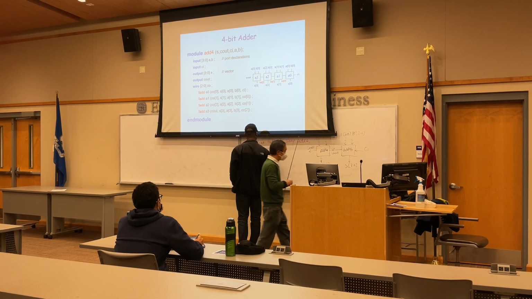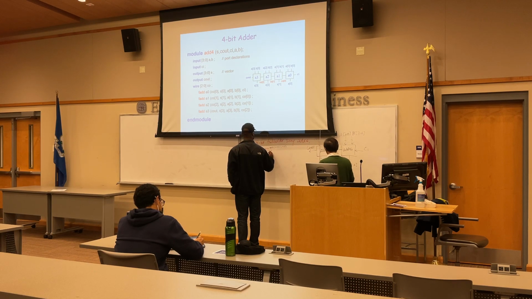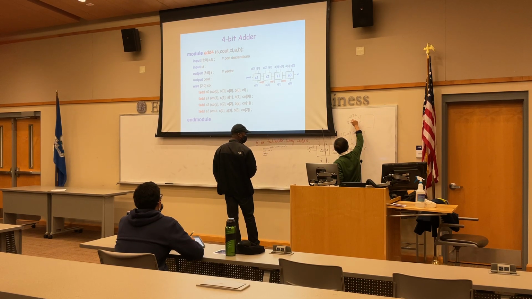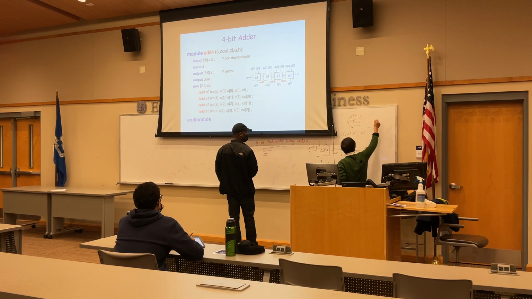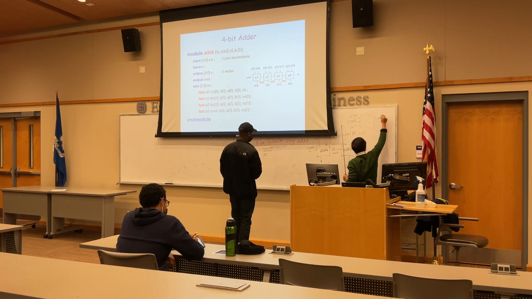So your bigger block may be like this way. The bigger block, you are taking the A 7 down to 0, B 7 down to 0, and then you're going to take a carry in and generate a sum.